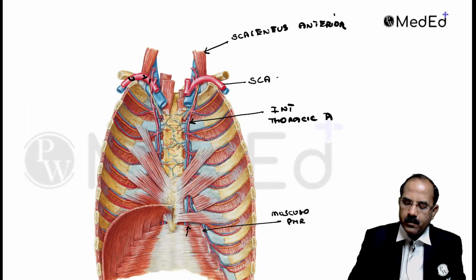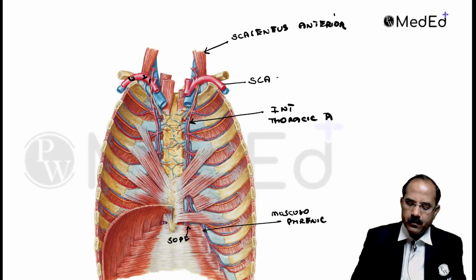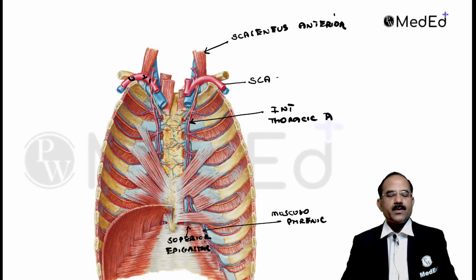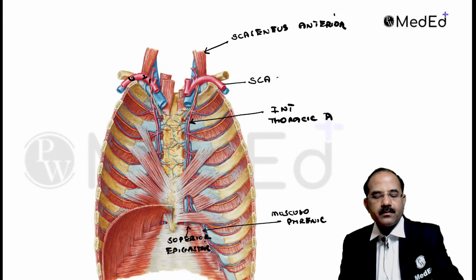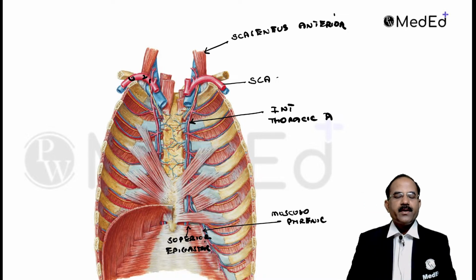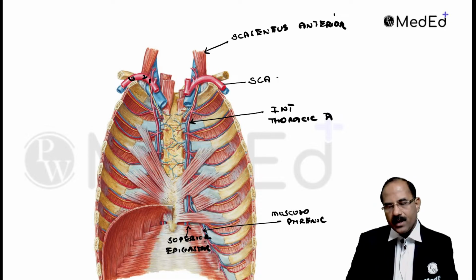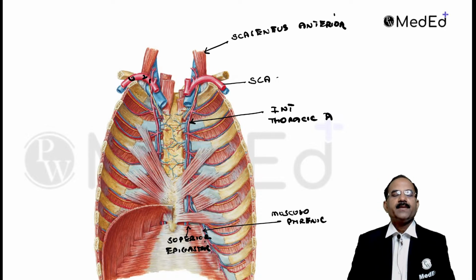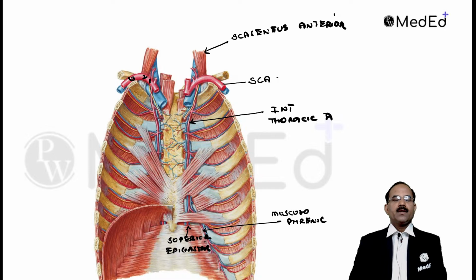Musculophrenic, superior epigastric. It's scalenus anterior, not deltoid, child. It's scalenus anterior. It's not deltoid, Ruchi. Clear to all of you?